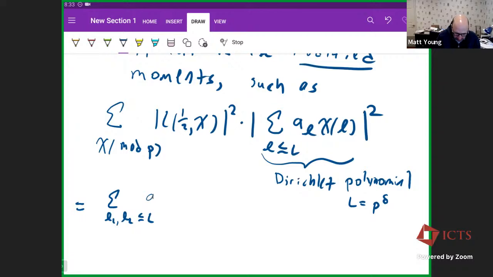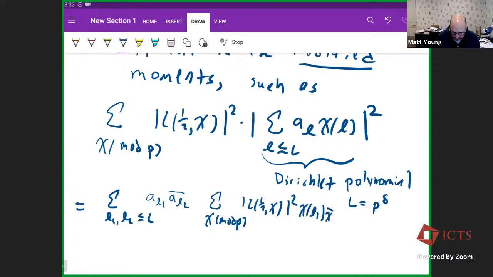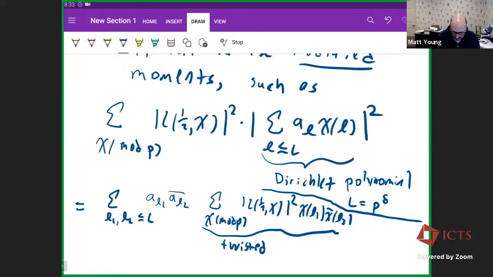So we'll have a sub l1, a sub l2 complex conjugate, and then what we might call the twisted second moment of Dirichlet L-functions: L of a half chi squared times chi of l1 chi bar of l2. This inner sum over chi I would call a twisted second moment, the second moment where we've multiplied by some values of these Dirichlet characters.